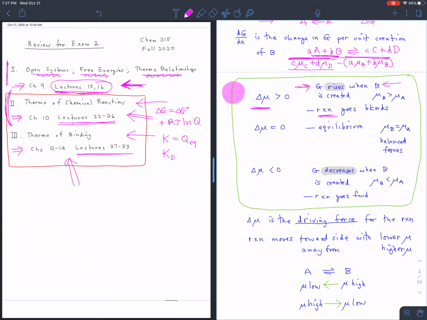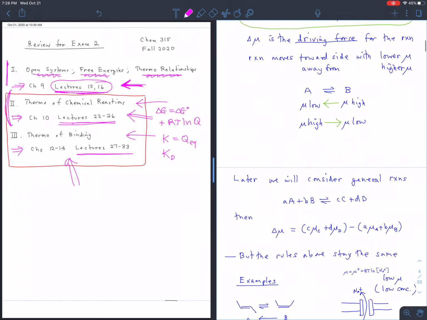That means delta G, or Gibbs free energy, is actually rising. That's unfavorable, so the reaction is going to go the other way. If there's no chemical potential difference between the two sides, then you're at equilibrium, and if the chemical potential difference is negative, that is, if the chemical potential goes down, that means the free energy is also going down when you create products, and that means the reaction will go forwards.